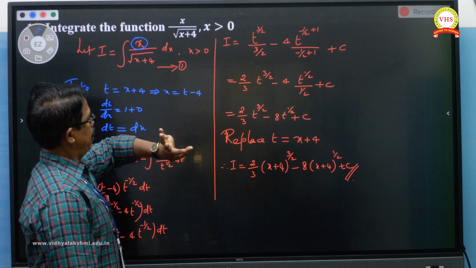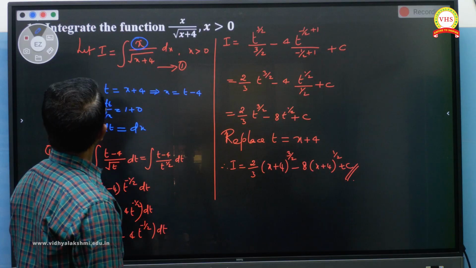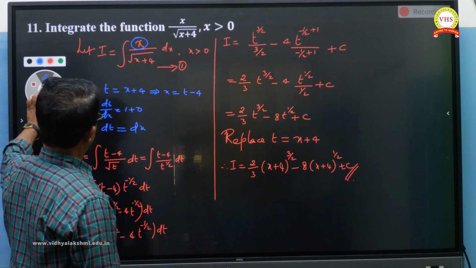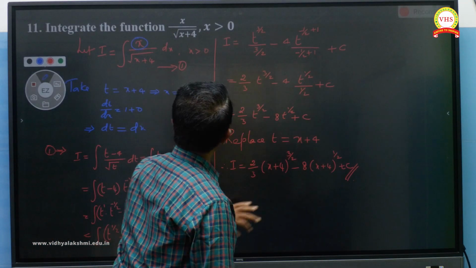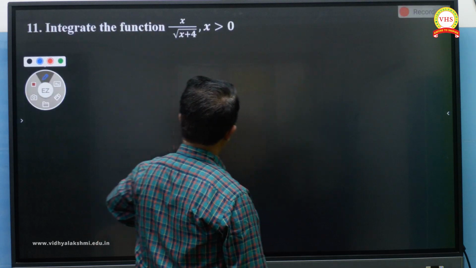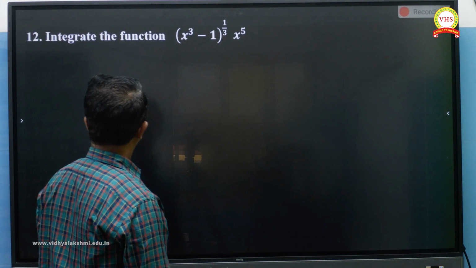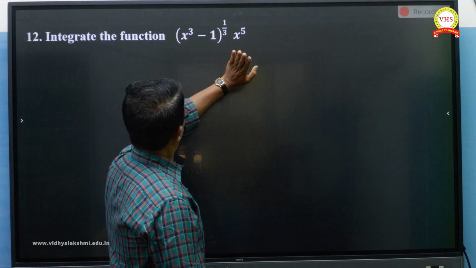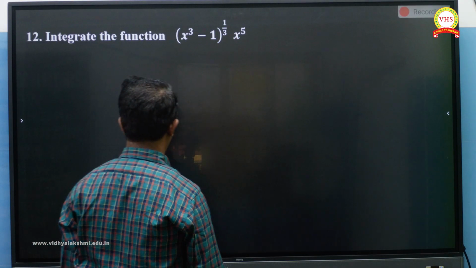Okay, and then question number 12. Now we are going to see question number 12. What is the 12th one? This is an important question: x cube minus 1 whole power 1 by 3 into x power 5.